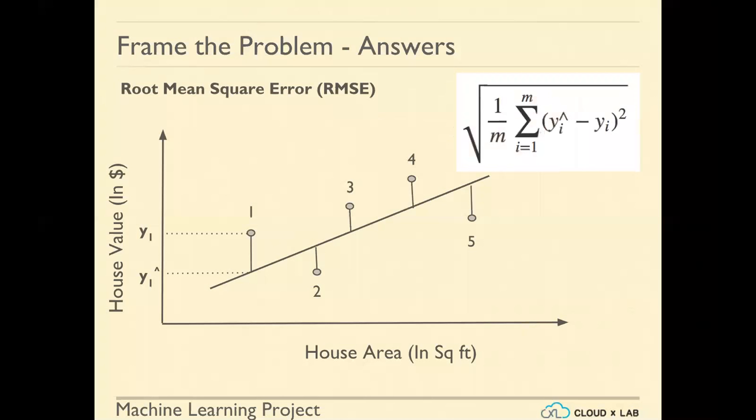Generally we put a negative sign before it and then maximize it, or you can say that we basically minimize the root mean square error. This is the root mean square value.